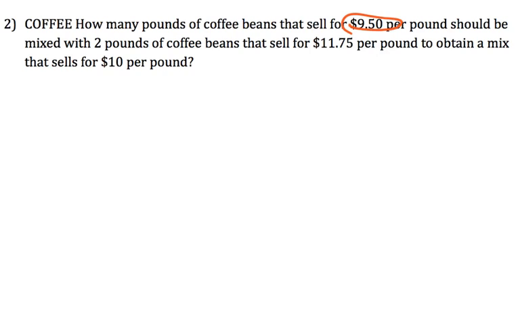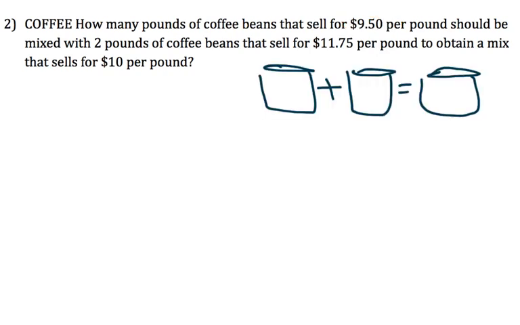And in keeping it similar to the last one, let's set up 1 plus another equals another. Since these are coffee beans and then coffee beans, it doesn't really help to use the letter CB. So maybe I'll consider this to be cheaper and expensive. So let's go with X, which we'll write cheap.